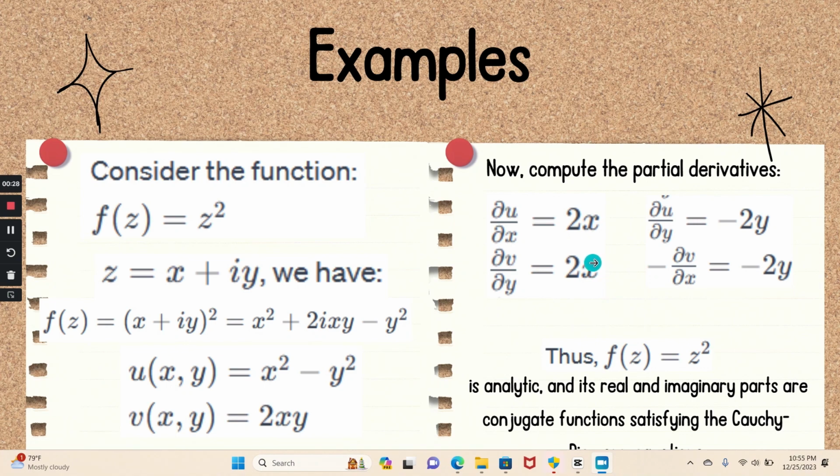Now, let's continue on the second equation, which is du over dy is equal to negative 2y, and negative dv over dx is equal to negative 2y. Thus, f of z is equal to z squared is analytic and its real and imaginary parts are conjugate functions satisfying the Cauchy-Riemann equations.